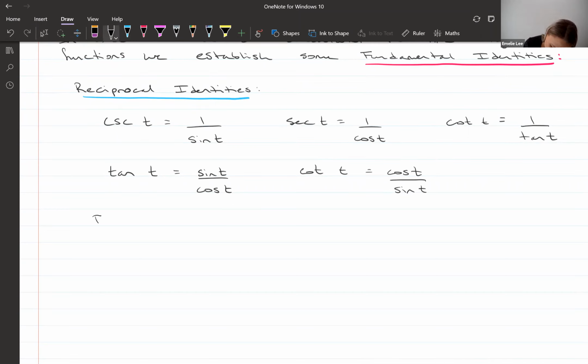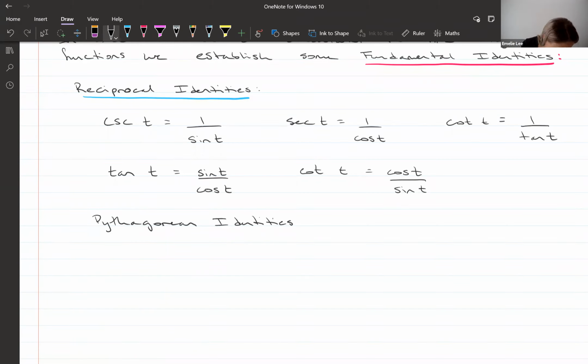We're also going to establish the Pythagorean identities right away. So remember, it all goes back to a circle which has x squared plus y squared equals 1, or r squared for any circle, right? If x is cosine and y is sine, then we have cos squared plus sine squared equals 1 on the unit circle.